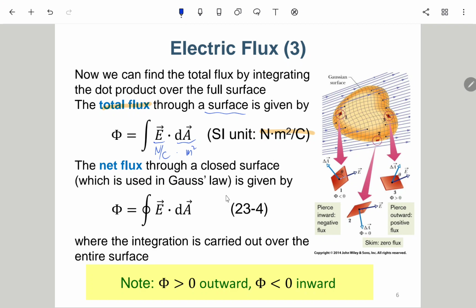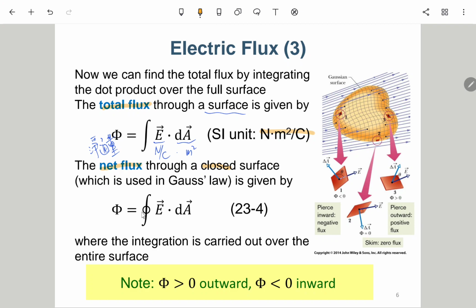And here we also define a variable called net flux, which is the net flux. Okay, so actually this one is only defined for a closed surface, a closed surface meaning an enclosed surface. The only difference is that we have a circle here.